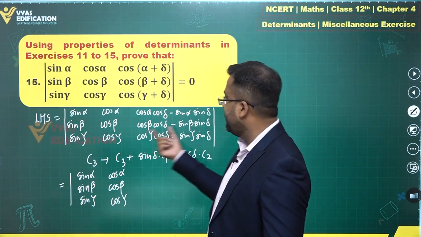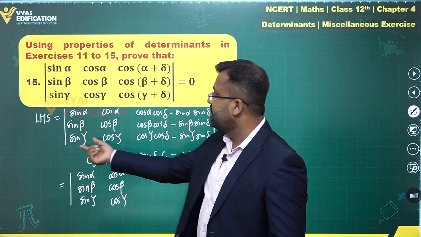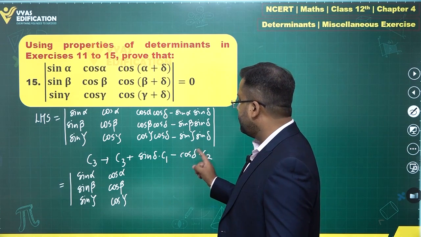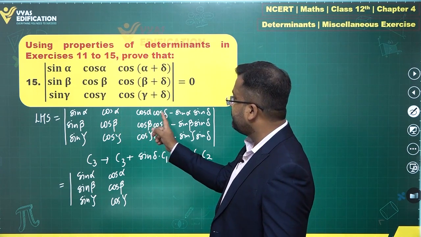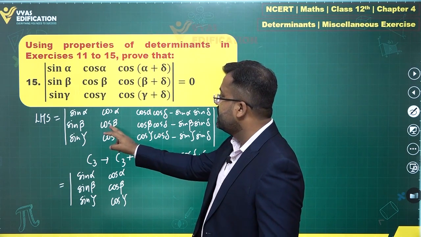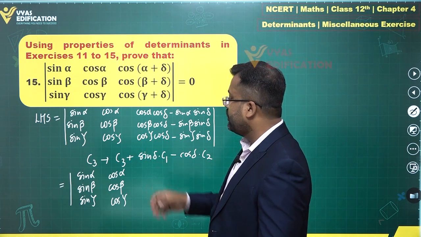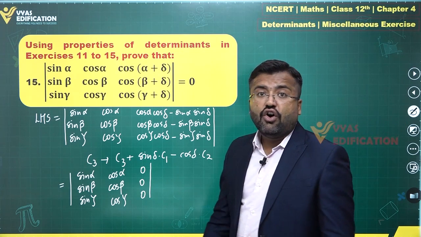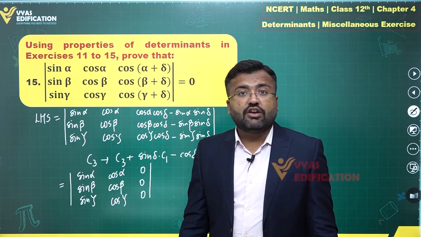Similarly, sin delta, sin beta, add over here, get cancelled. Sin delta, sin gamma, add over here, get cancelled. But you have a subtraction also. Cos delta times C2, cos delta, cos alpha, subtract from here. So, this term will go. Cos delta, cos beta, this term will go, this term will go, and what you will get is 0, 0, 0. All elements of a particular column are 0.